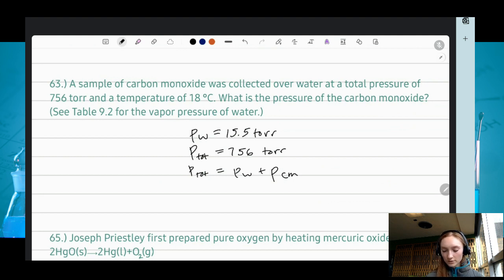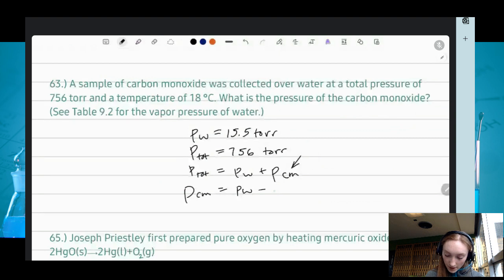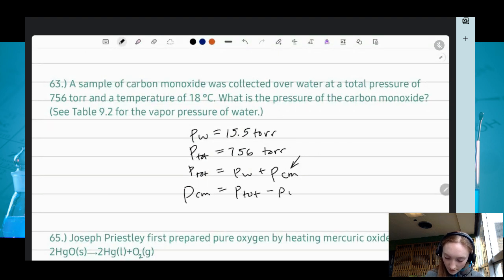So all we have to do is solve for the pressure of the PCM. To solve for that, we just do some algebra, and PCM will equal P total minus PW. To solve for that, we just have to plug in the values.